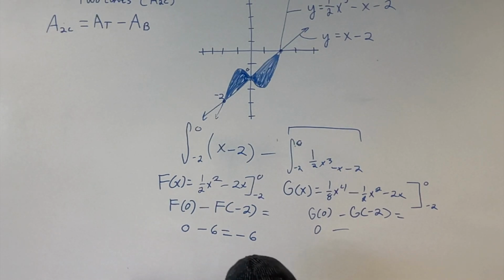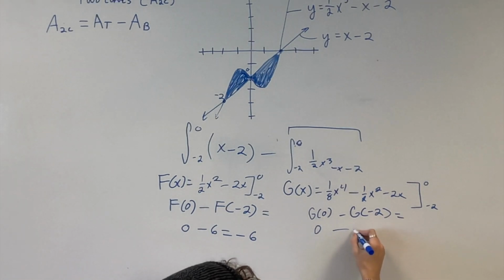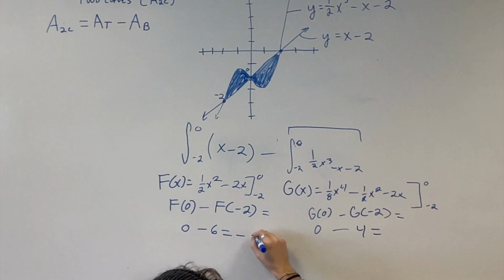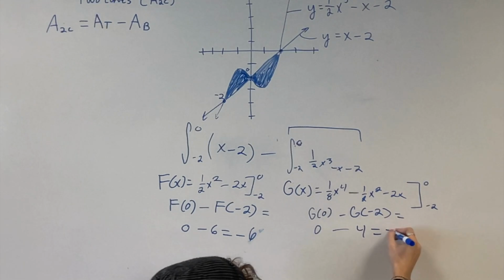So 1/8 times -2 to the 4th minus 1/2 x squared, so that's -2 squared, minus 2 times -2. And that evaluated is -4, so this function here, this should be -6. Oh, it is -6, and this is -4.